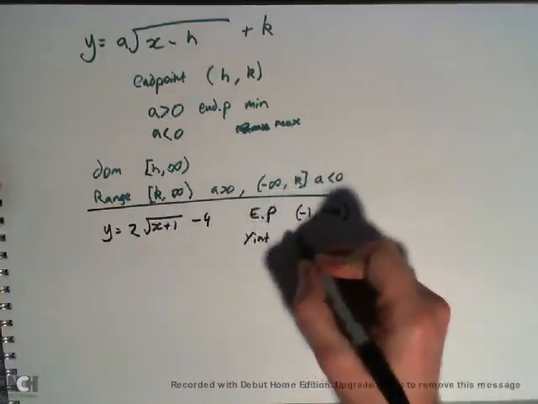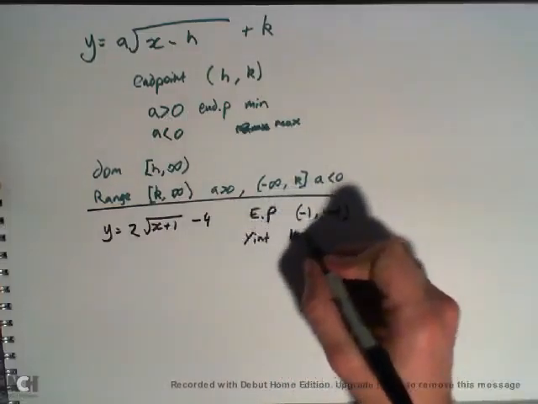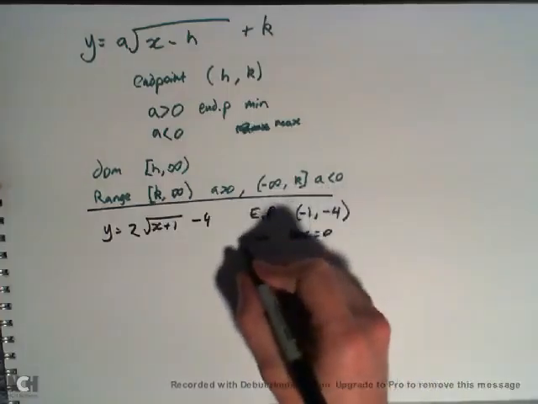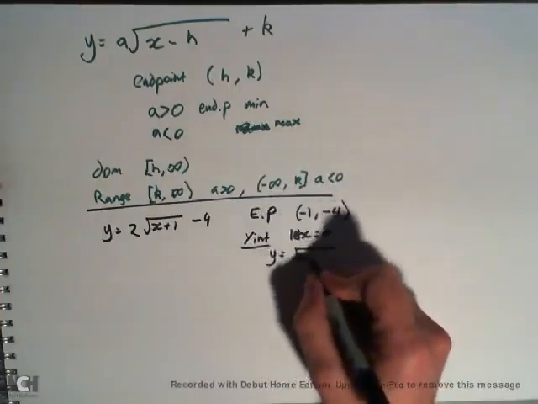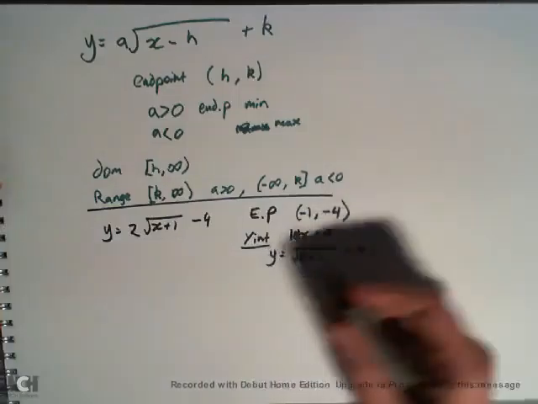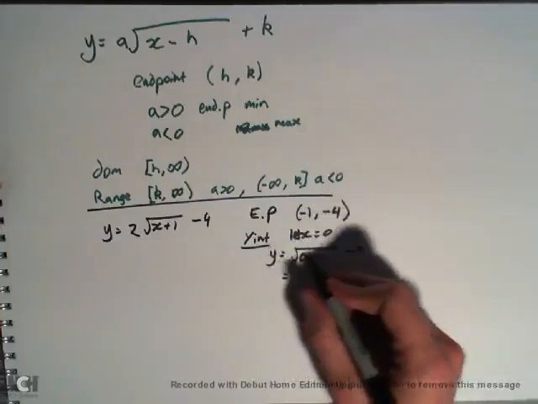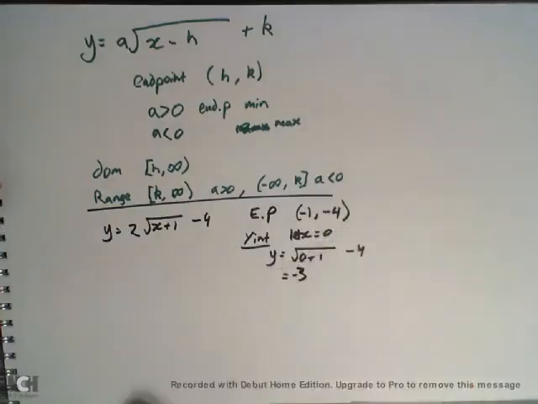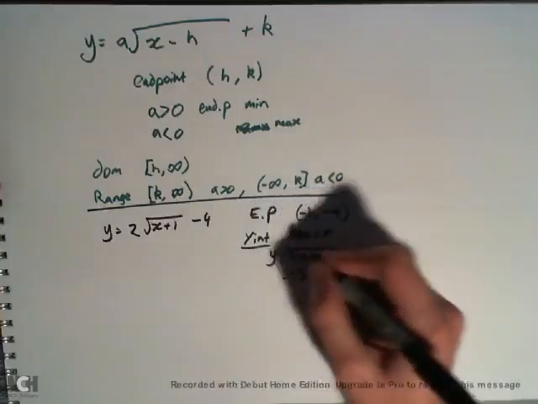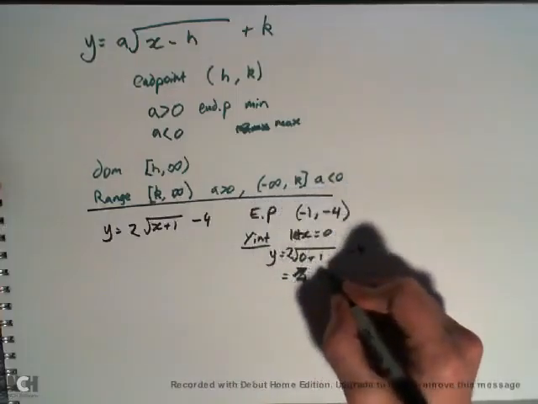Y-intercept, as usual, let x equals 0. So we have y equals 2 square root of 0 plus 1, take 4. So it's just going to be square root of 1, take 4, so minus 3. Except we've got a 2 there, so it's actually minus 2.